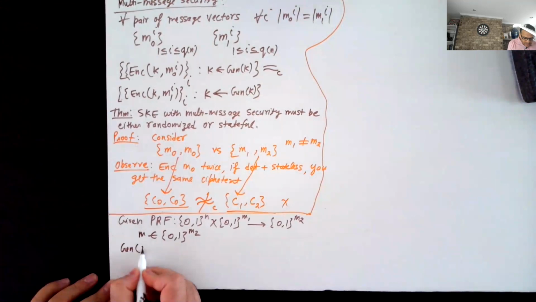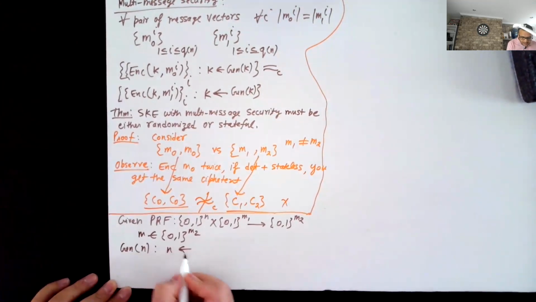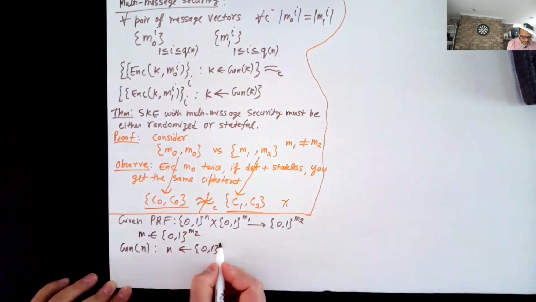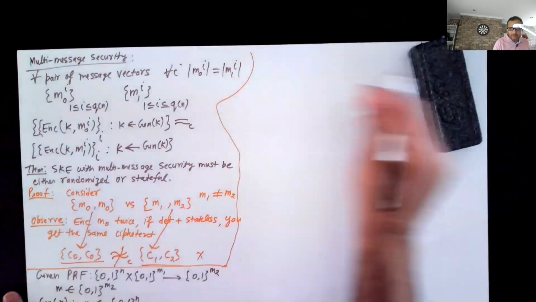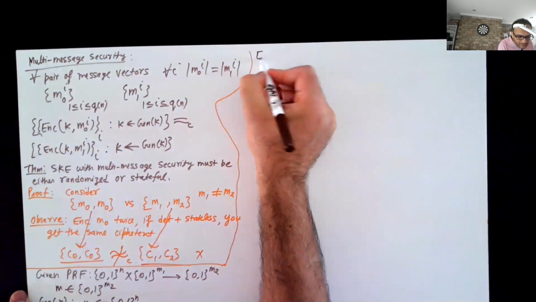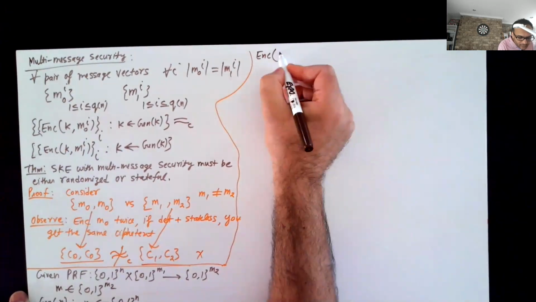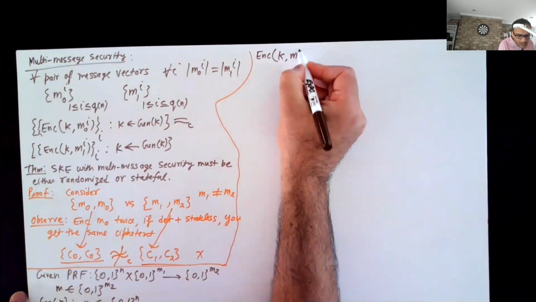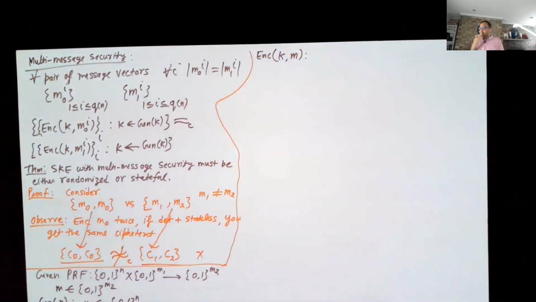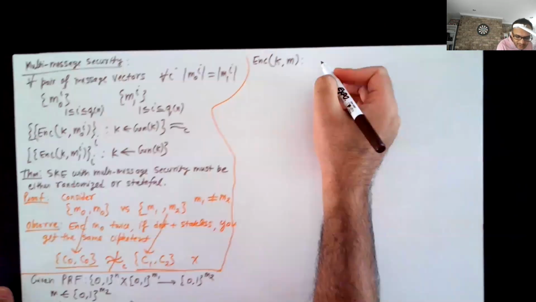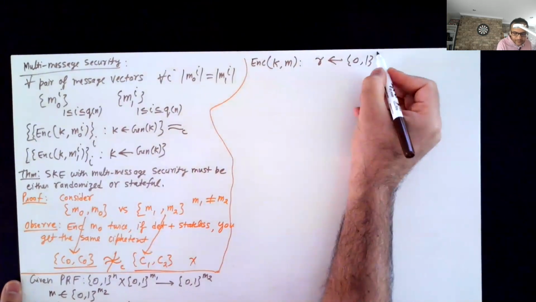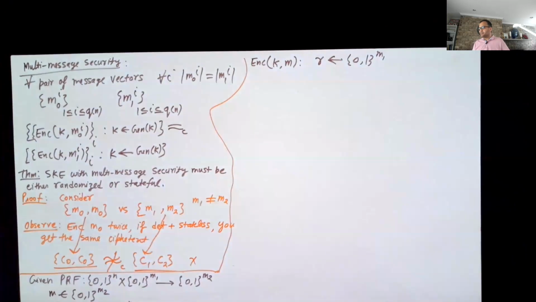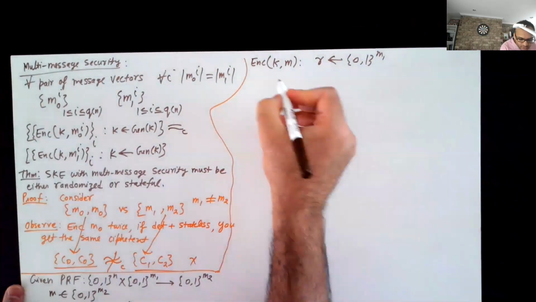Key generation is just sample a uniform string of n bits. Okay, encryption. Now encryption is randomized. So what you do is you first sample a random string of m1 bits, and then you output your ciphertext.